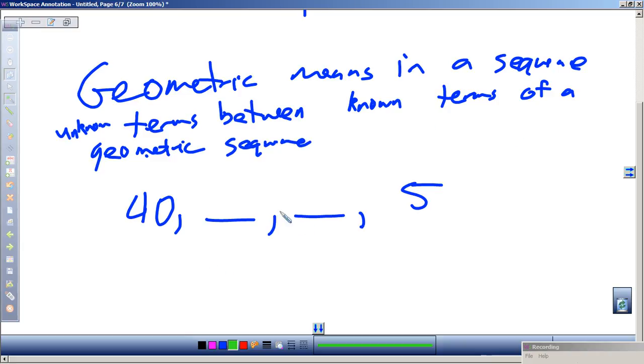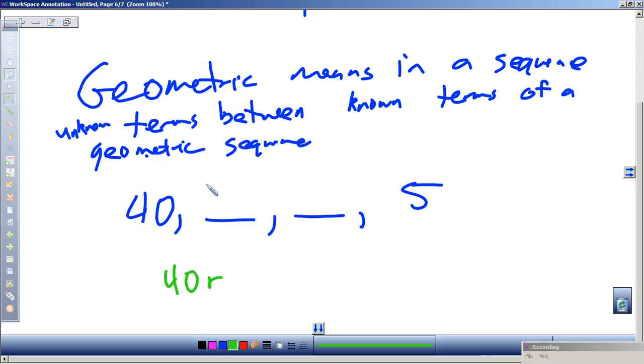So how do we get them? Well, what would we do to 40 to get to the next term of the sequence? If it says this is a geometric sequence, what do we do to get from one term to the next? Multiply by r.